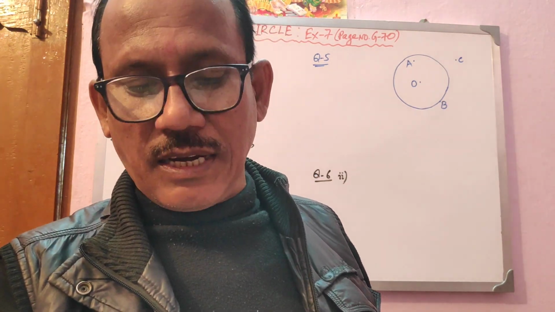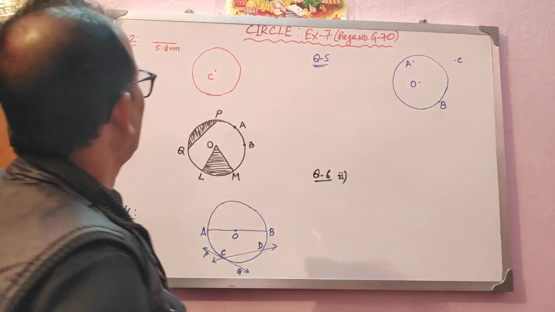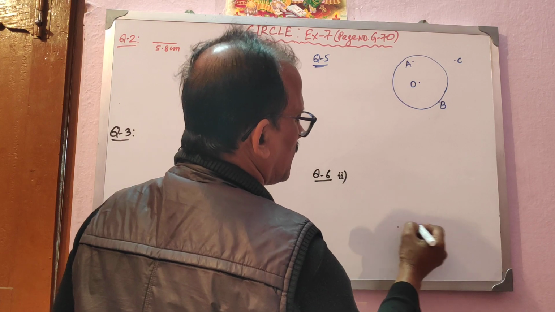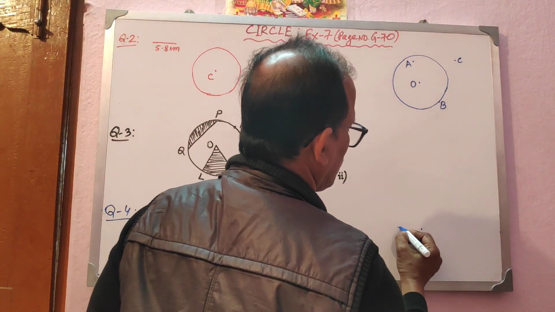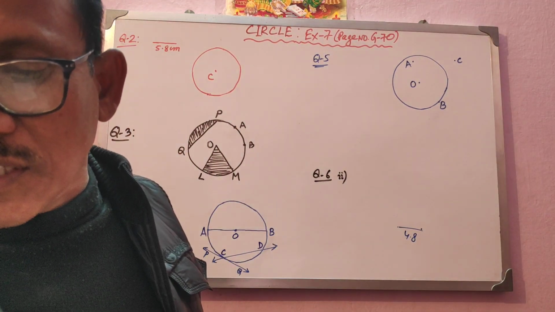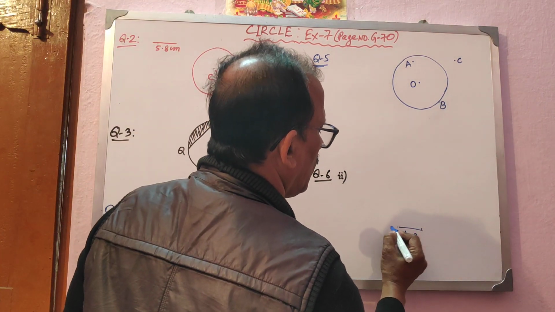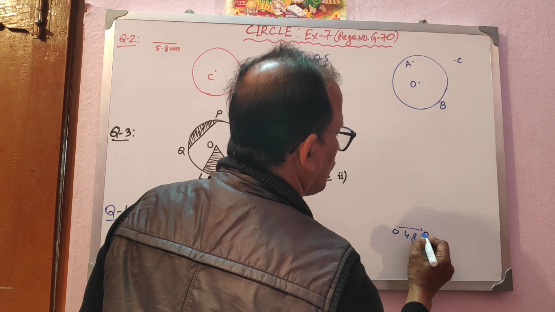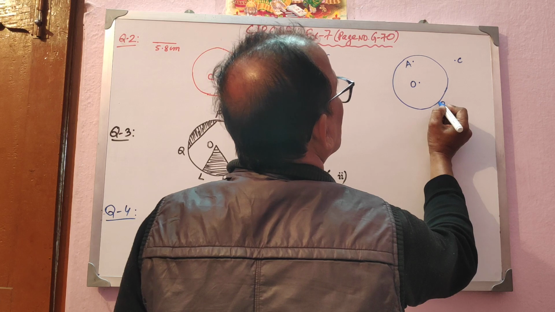Now, first of all, question number 1. P is a point on a circle of radius 4.8 centimeters. Radius of a circle means the length from the center to the circumference. This is 4.8 centimeter. Now, O is the center, then what will be the length of OP? Here is O and P is on the circle. On the circle means on the circumference.